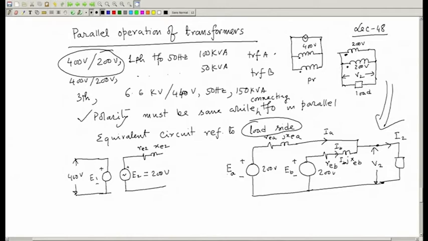Now, the necessity of connecting two transformers in parallel we also discussed. In case you have a single transformer supplying a load and the load demand has increased, then you must purchase another transformer of higher kVA.